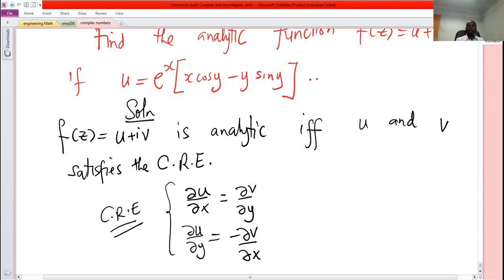Now you see our u is nothing but x e raised to the power x cos y minus y e raised to the power x sine y. This is our u.